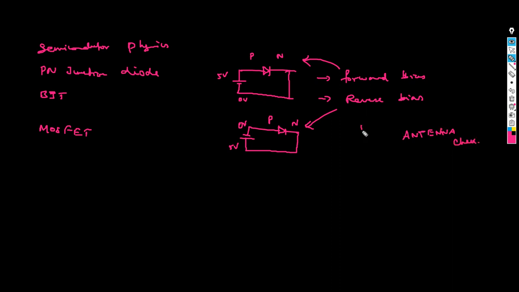It comes under physical verification. If there is an antenna violation, then one of the fixes is to add a reverse bias diode. How that actually helps in solving antenna violations or the antenna phenomenon, we will see.